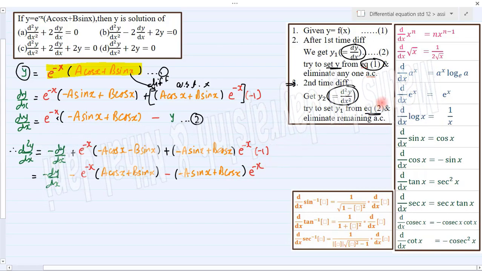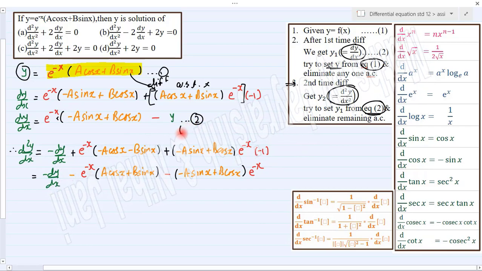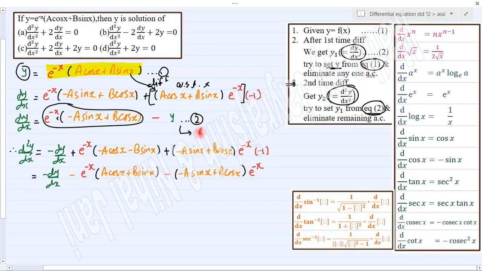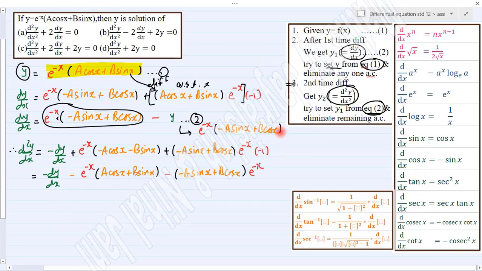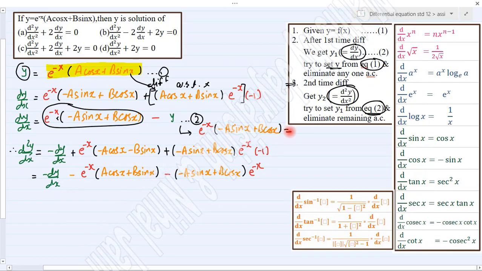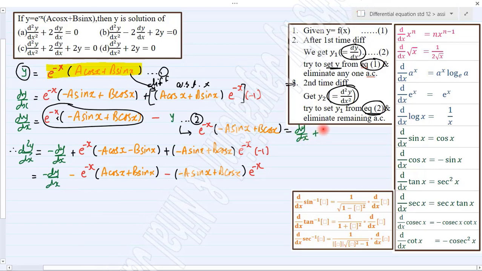Now, we have to use equation number 2. From equation number 2, we can say your middle term, which is e raised to minus x into minus a sin x plus b cos x, is equal to dy by dx plus y.